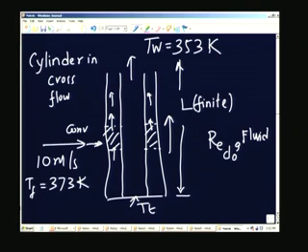In this case, of course, we have air flowing across the tube. Therefore, the properties of the air are going to come into the picture. Of course, Reynolds number itself contains the property of the fluid going into that calculation.